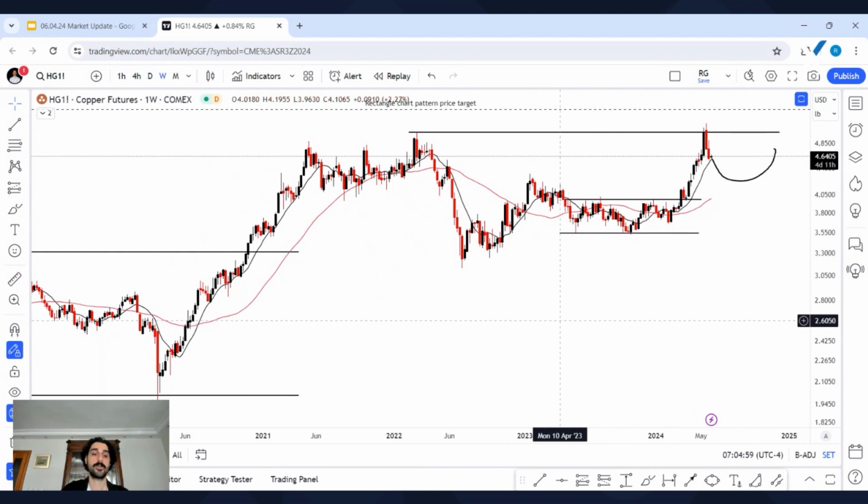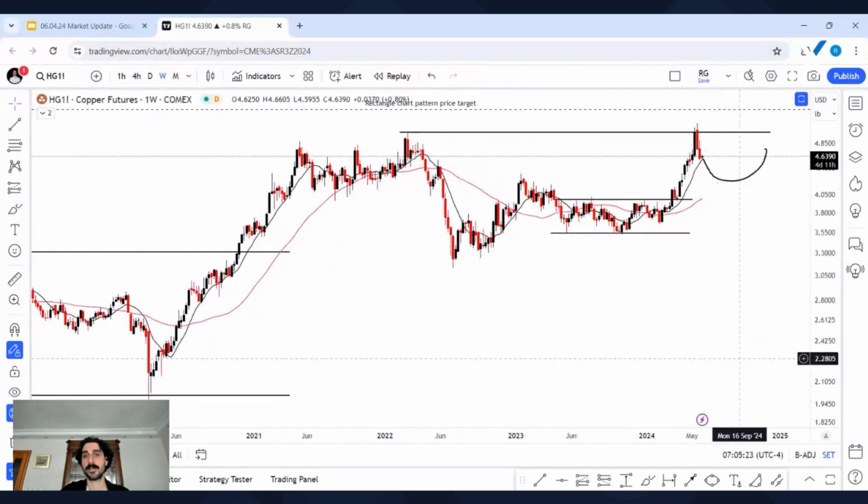Because if the rates come down in developed economies, businesses are expected to expand, and their demand for China products would increase, and that would mean there will be a demand for copper or other commodities. That's the part that I wanted to mention for copper.